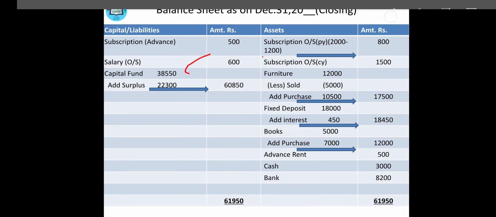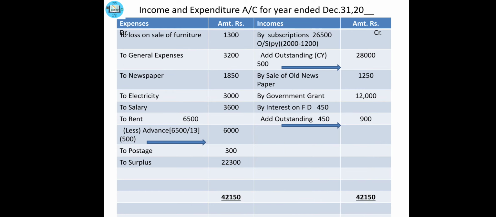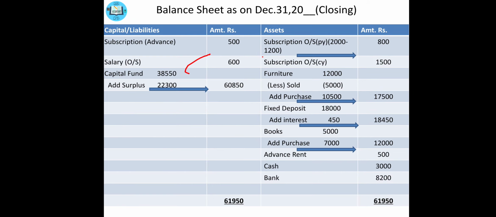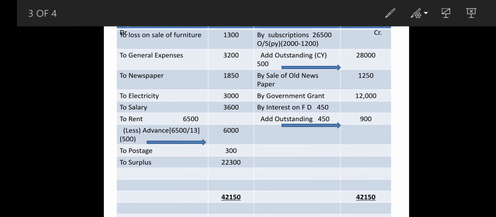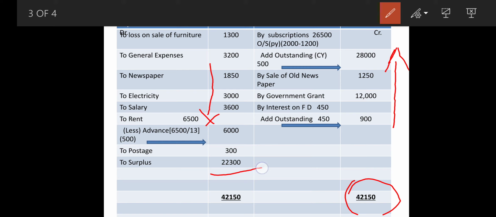Now come to your income and expenditure. In income and expenditure also, make a total in rough. Whichever side is more, you have to jot that down in rough. Obviously the debit side you jot down, the credit side you jot down, which is already done by me. See, have a look at this. 42150 is the grand total of the credit side.